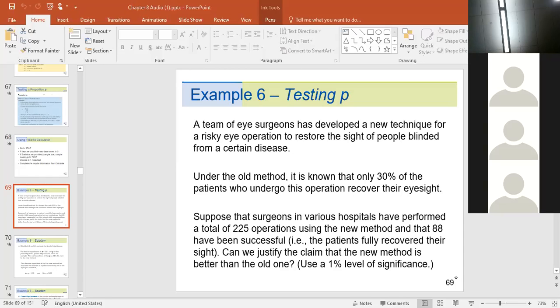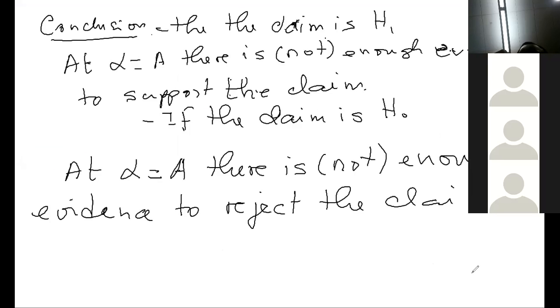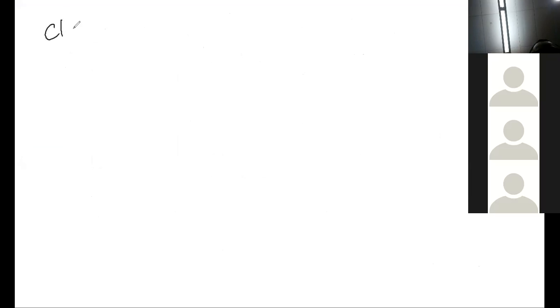A lot of students are on Zoom, so bear with me, I will be struggling to write on the screen. So we are going to state that claim. It is very important for us to know the claim in order to set our test.